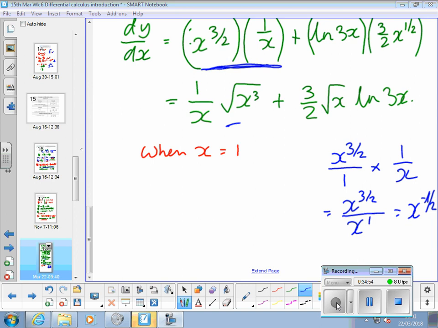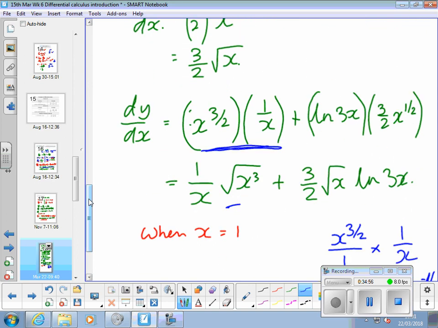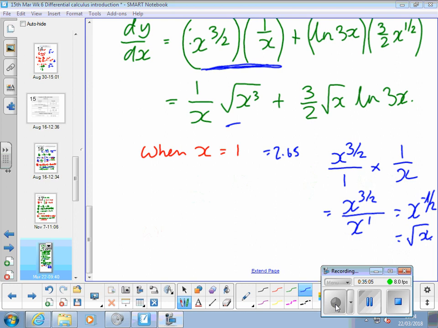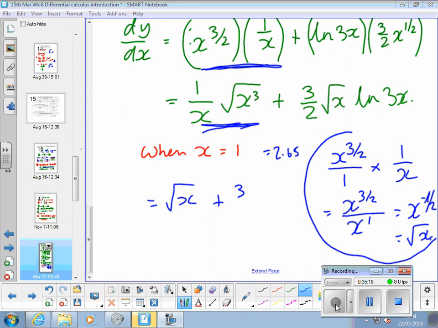But put x equals 1 into our formula and get an answer. Where his simplification comes from is, as this over here has shown you, that bit there is square root of x plus 3 over 2 square root of x ln 3x.